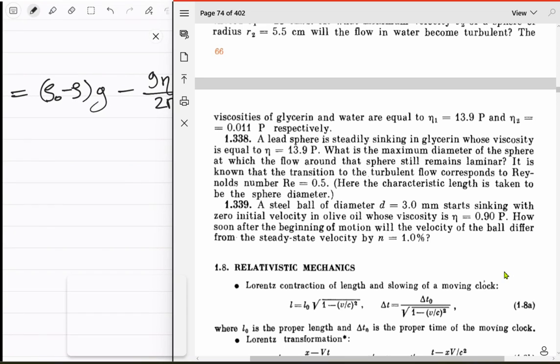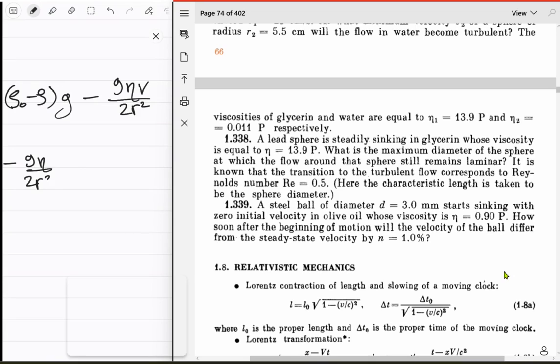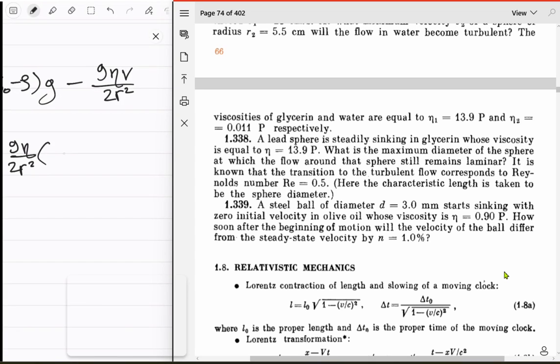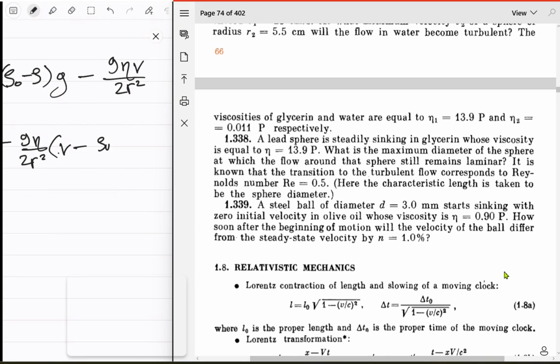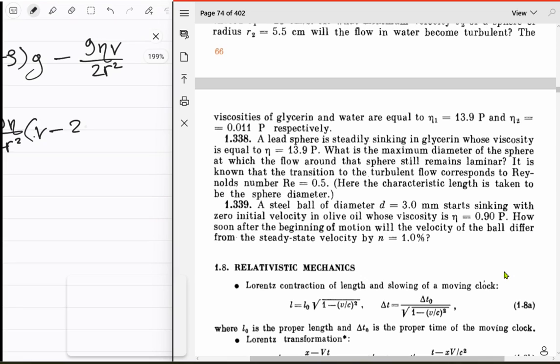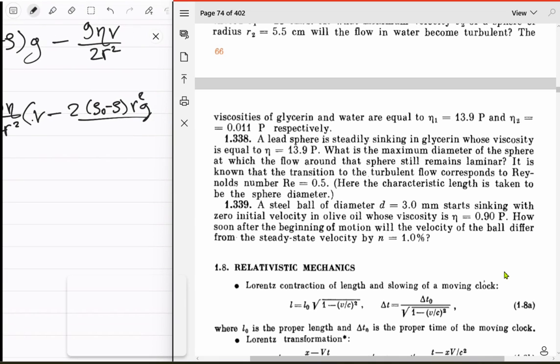So this will be negative 9 eta upon 2r squared, and that's pulled out. This will just be v minus, yeah, rho naught minus rho, that times 2r squared, okay, this thing: 2 rho naught minus rho r squared g upon 9 eta, right?